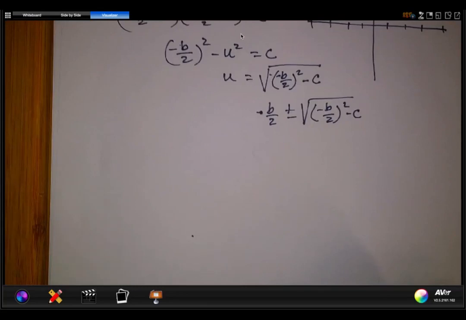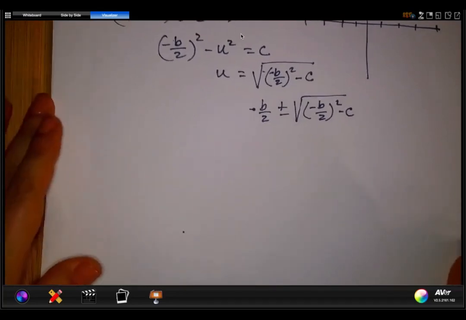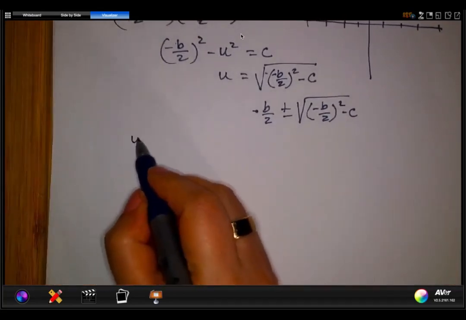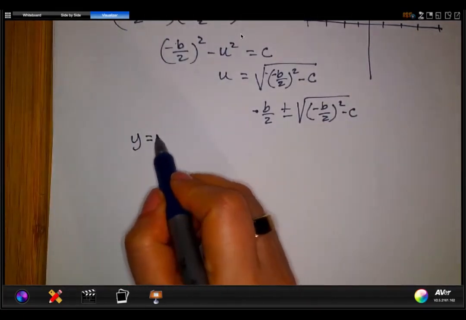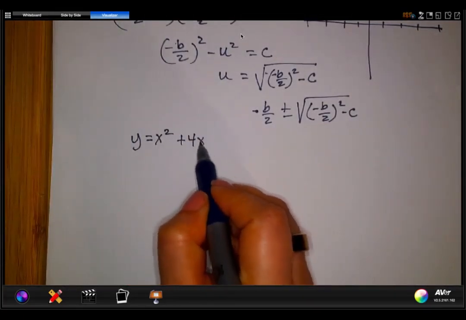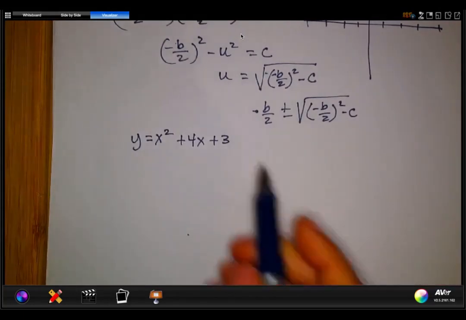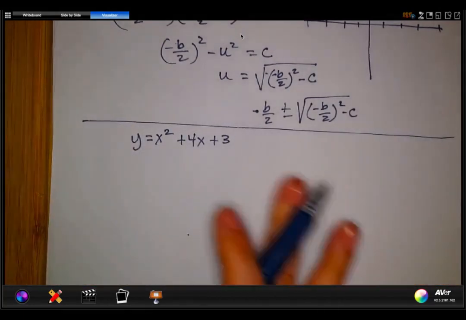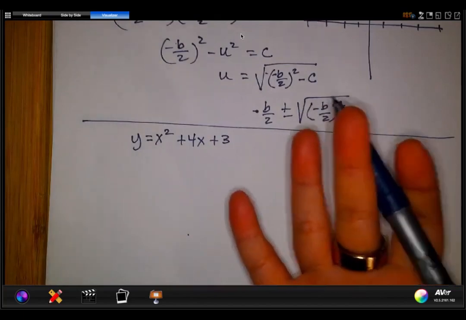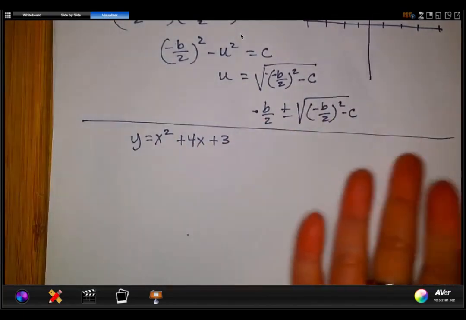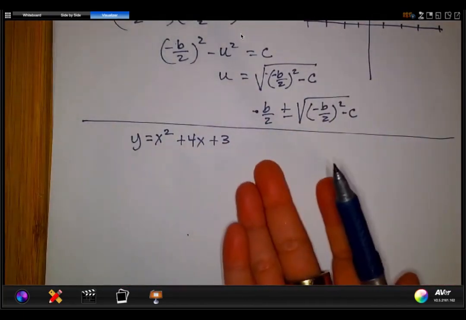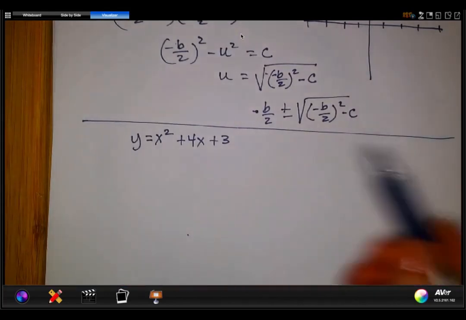Let's first do an example where a equals 1. So we have y equals x squared plus 4x plus 3. Traditionally in a classroom, we would start trying to factor this, and we can easily factor this quadratic polynomial.